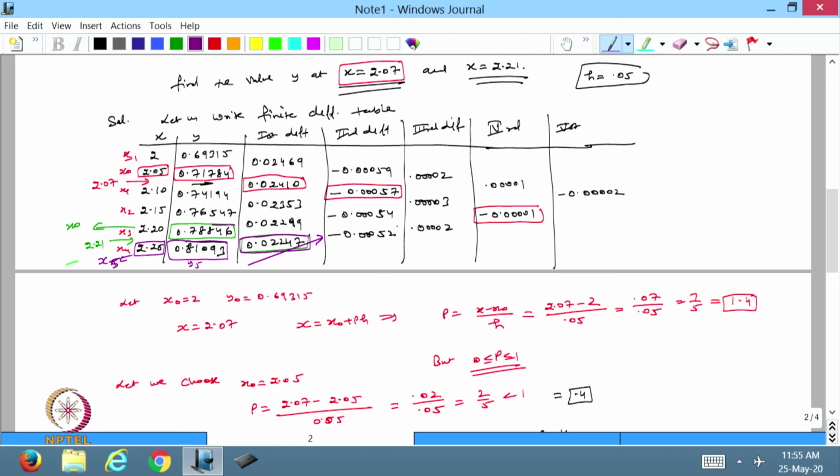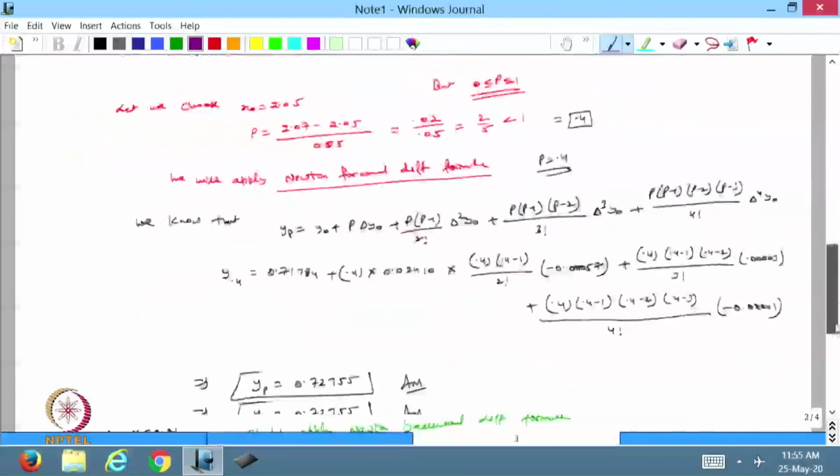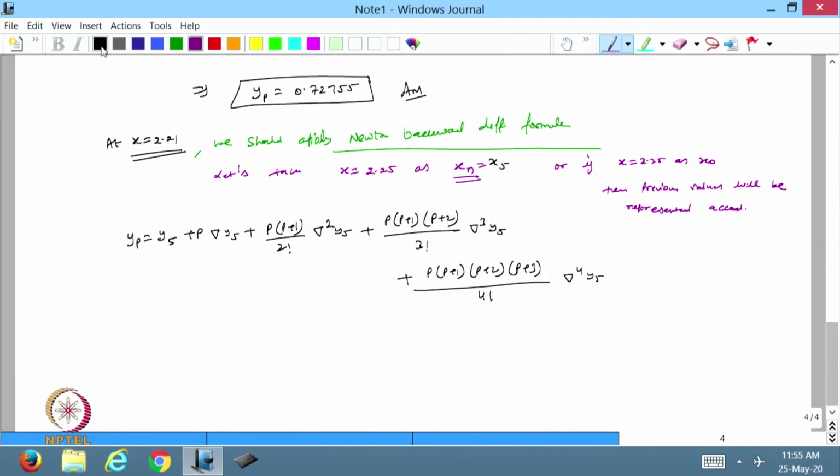Then this value, then this value, then this value, then this value, and then this value. So, in this case I am in fact using 6 values, the maximum I can use, 1, 2, 3, 4, 5, 6, because this is the y5. So, I have to go one term more. So, that will be p 5 factorial and then the fifth difference.